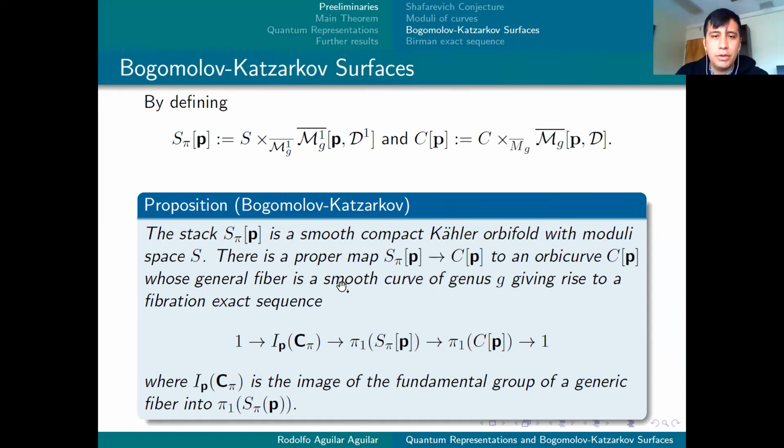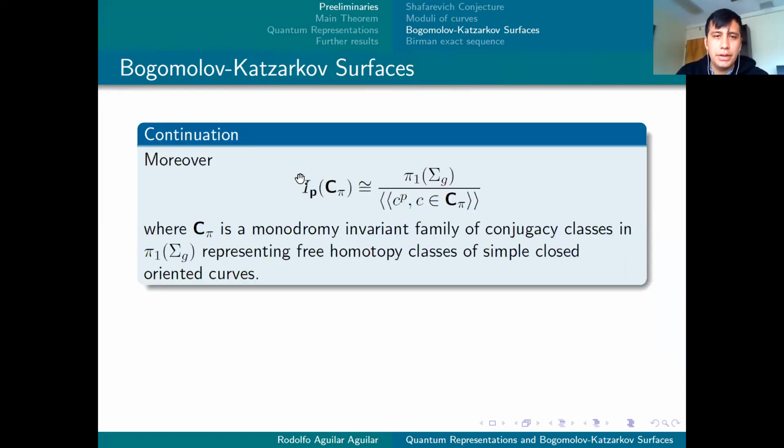And now we can have a more precise description of this group. This group is the quotient of the fundamental group of the fiber by the elements C to the power P, where this C_P is a family of homotopy classes that are invariant under the monodromy.